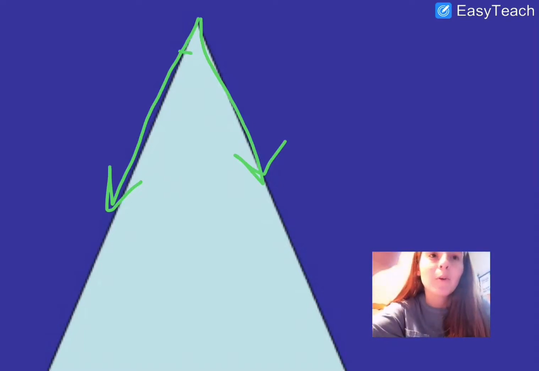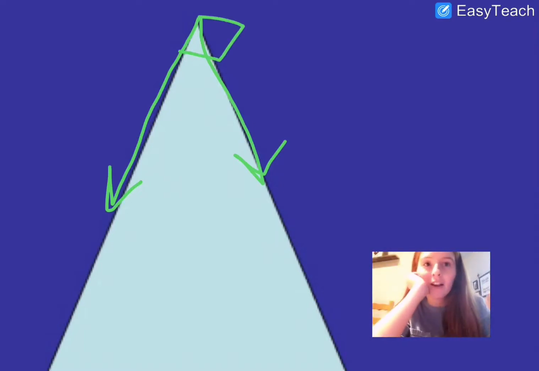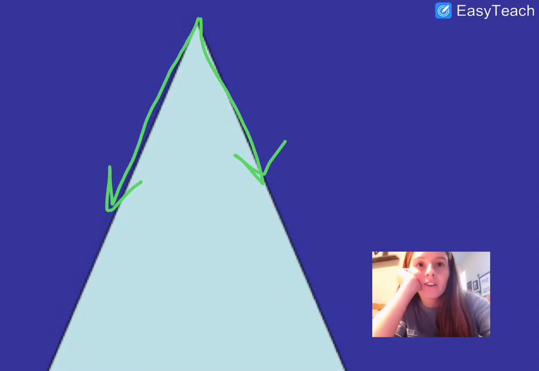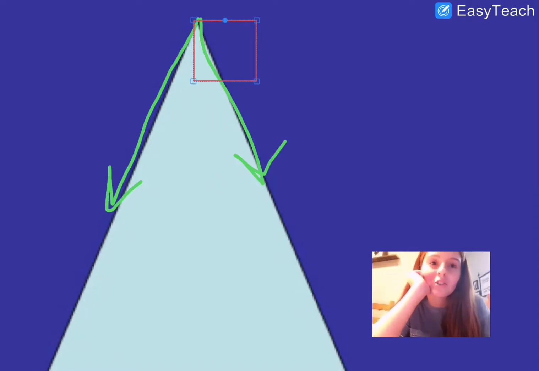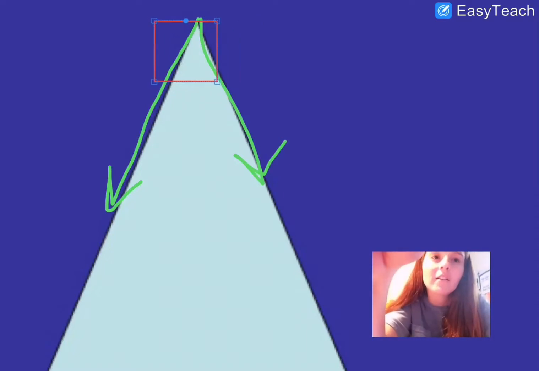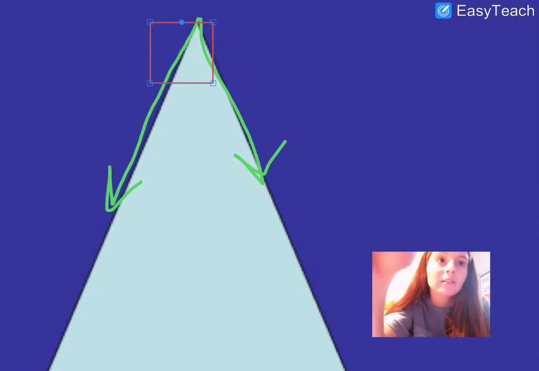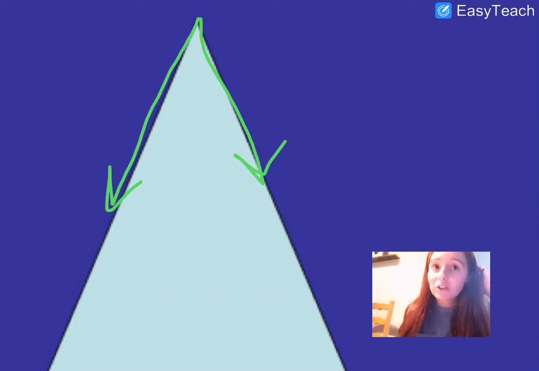If I try to put a box in there, it is not going to work. It is too small. It does not fill much of that box at all. So it's an acute angle.